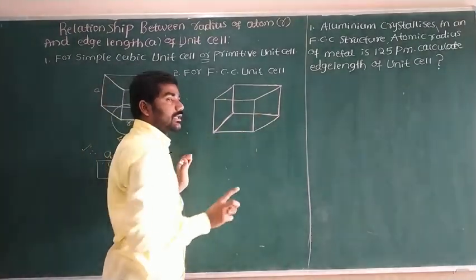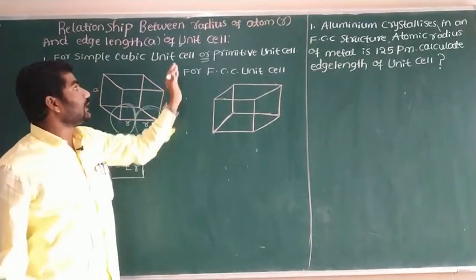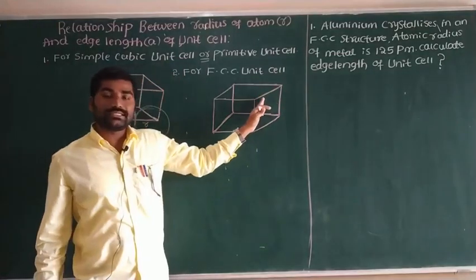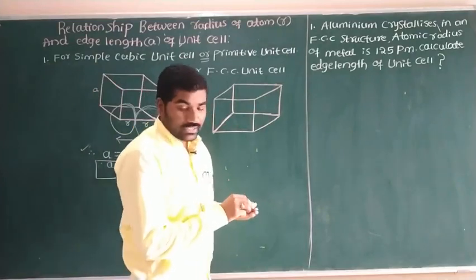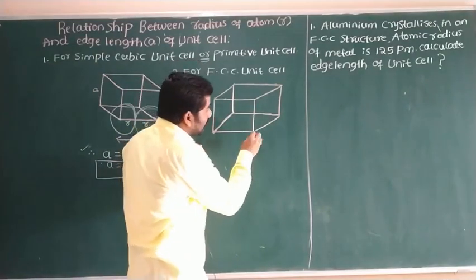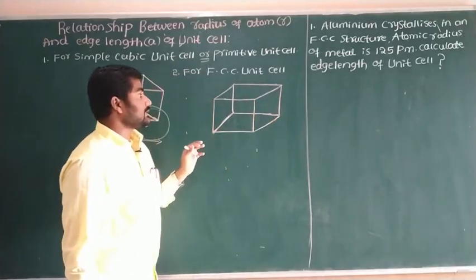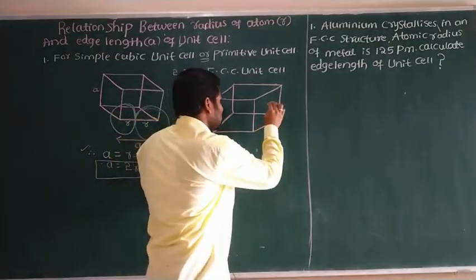Here I will consider any one face to give the relationship between edge length and radius. For convenience, I will consider this as one face. In the FCC unit cell, the constituent particles are present at 8 corners, and in addition the particles are also present at the center of all 6 faces. This is one face.